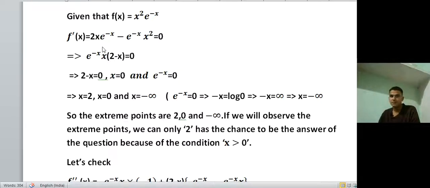And if we keep e to the power minus x on this side, then e to the power minus x is equal to 0, so taking log, log 0 is equal to minus x, this implies minus x is equal to infinity, x is equal to minus infinity.